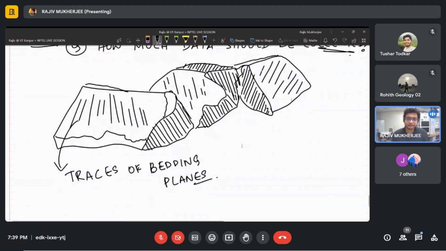So it was taught in that video that you should collect the traces or the linear data from the traces of these bedding planes.